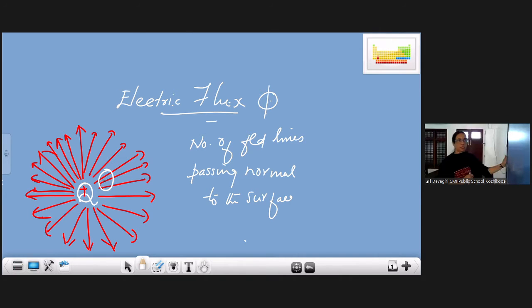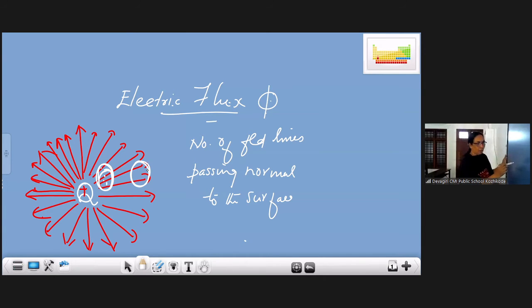If I keep the same thing farther along, it is a little bigger, so in that case it will be like this. Here you can see 1, 2, 3, 4 field lines are passing through it. The same one, if I keep it here, only 2 are passing through it. The reason is that the field lines near a charge are crowded, and as you move away from it, they become less and less dense.